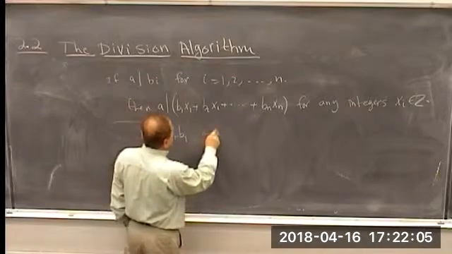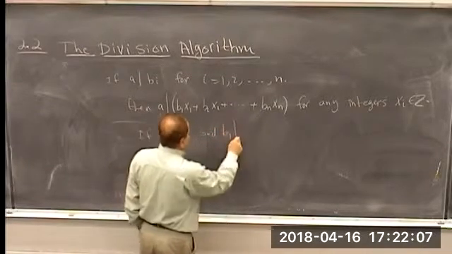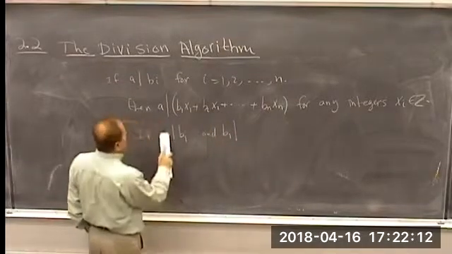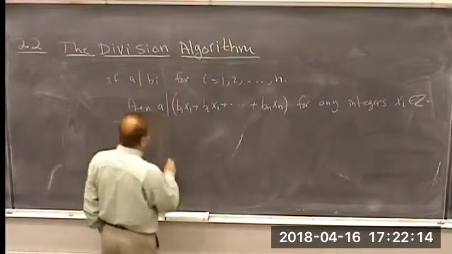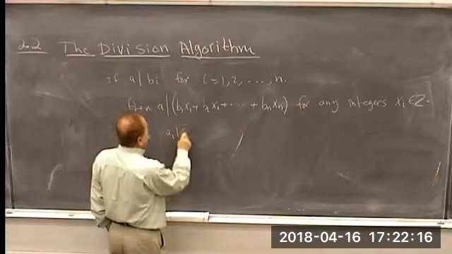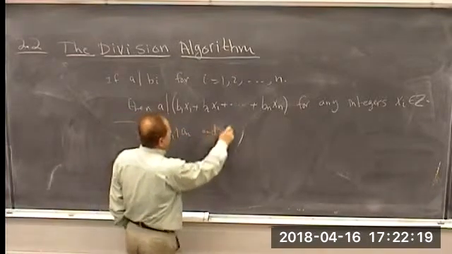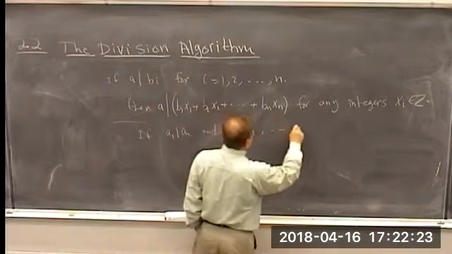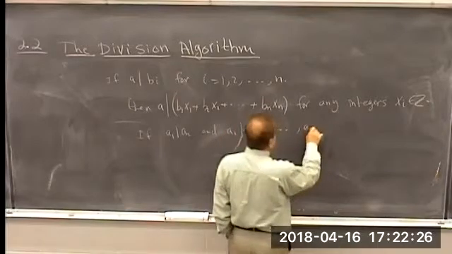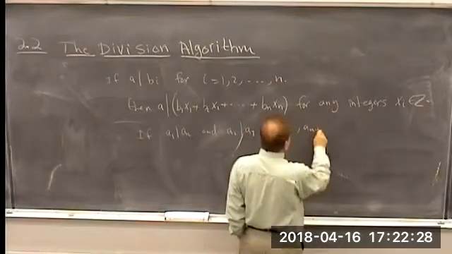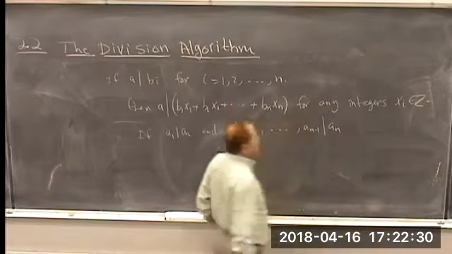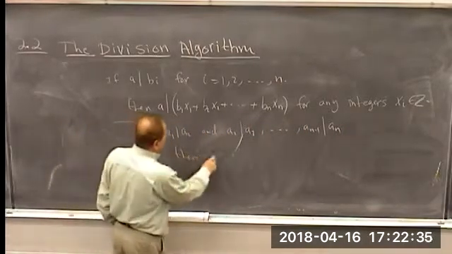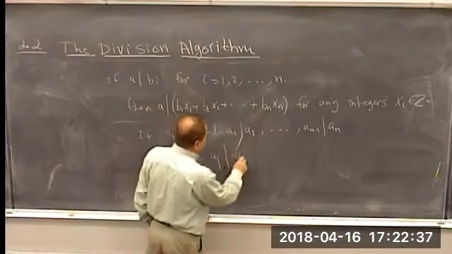Another property is the transitive one. Let me start with all A's in here. So we have A1 divides A2 and A2 divides A3 and so on, and A(n minus 1) divides An. Then we can say that A1 divides An.